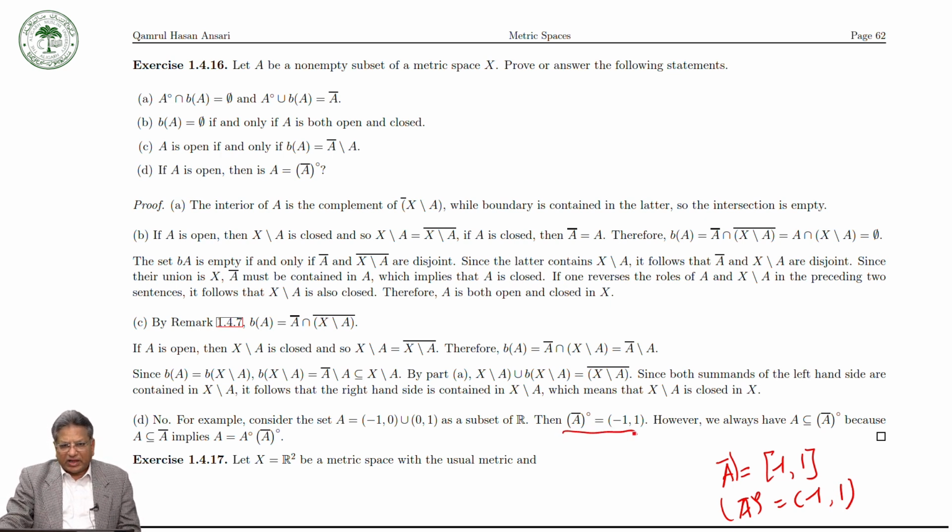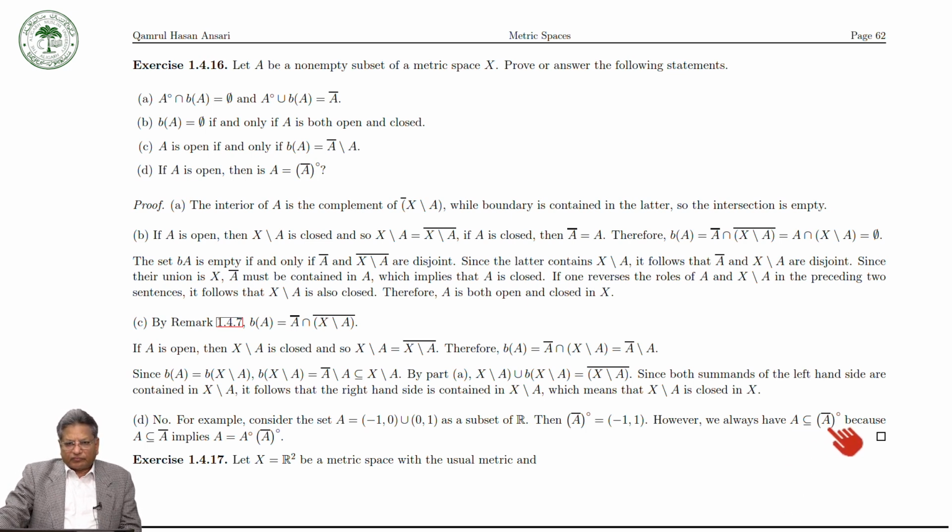However, we always see that A is a subset of the interior of the closure of A, because A is a subset of this, and taking the interior on both sides, because this is your open set, this is equal to this one. So this is not true. The next exercise: let X equal R^2 be a metric space with the usual metric.